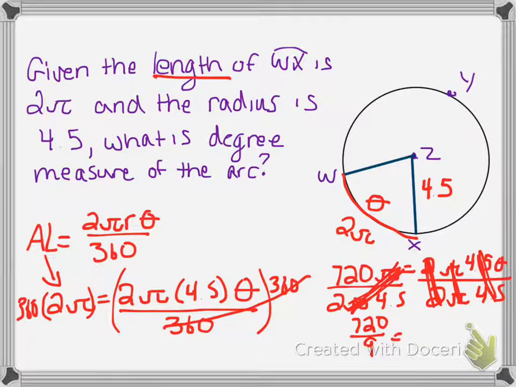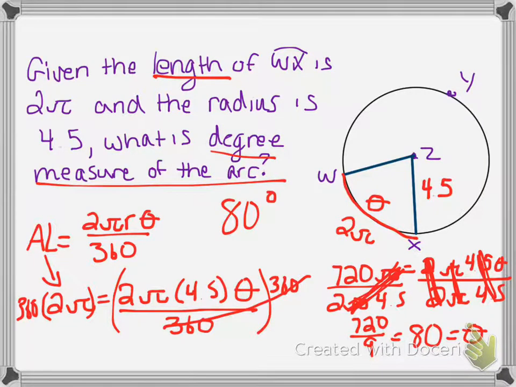I did some miscalculating and I paused the video, but 720 divided by 9 equals 80. So 80 equals theta. So your degree measure of the arc is 80 degrees.